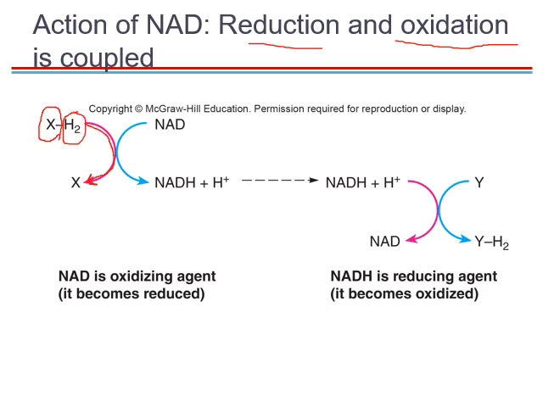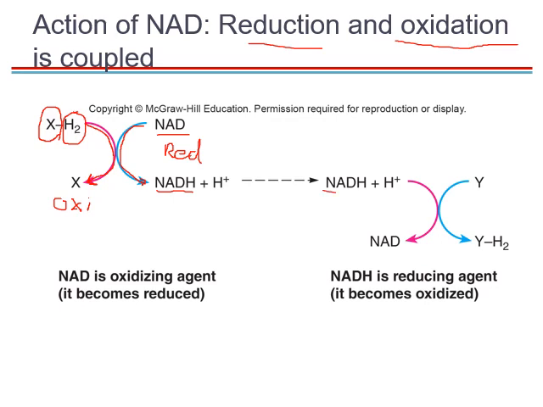So here X is being oxidized. It has lost its electrons. Who's picked up the electrons is the NAD. We went from NAD to NADH. So NAD has been reduced. One molecule gets oxidized, another gets reduced in the reaction.